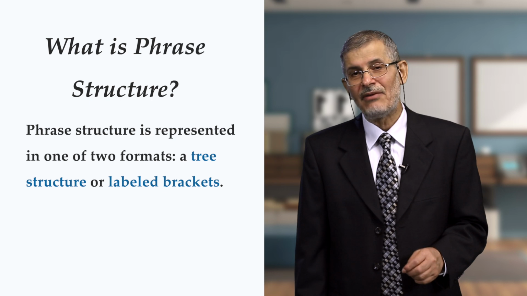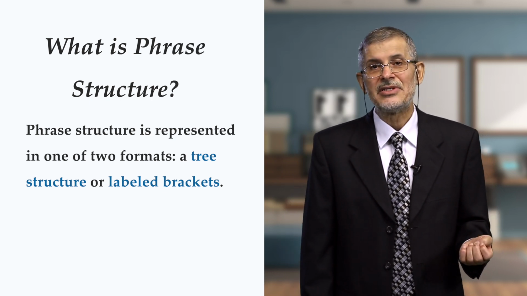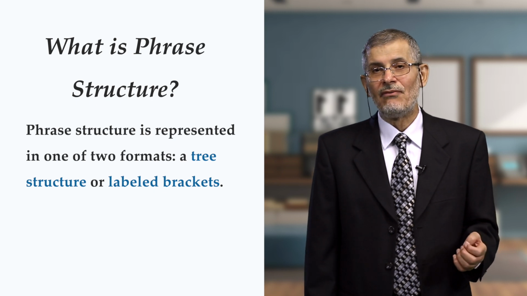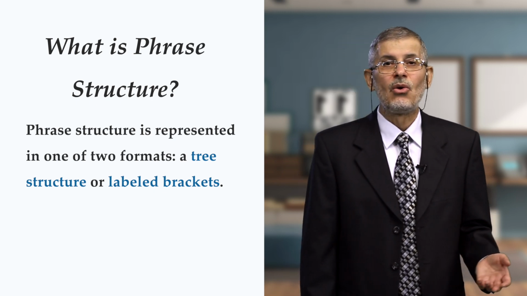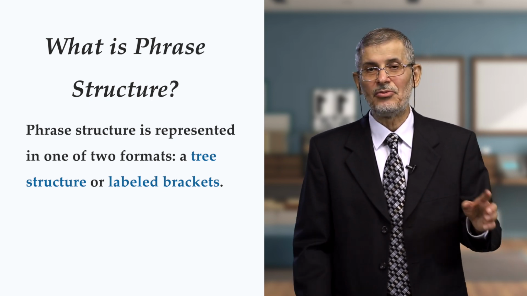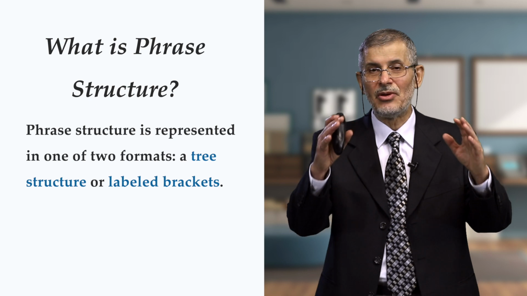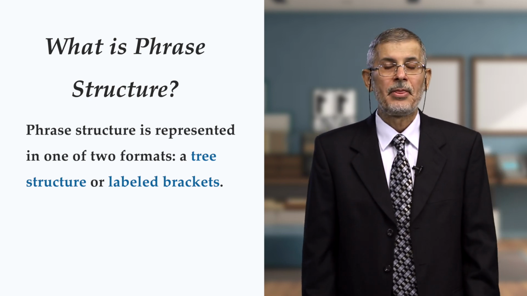So a phrase structure is usually represented in one of two forms, either in the form of a tree diagram or in the form of labeled brackets. So you put the constituents between brackets and you label each bracket.